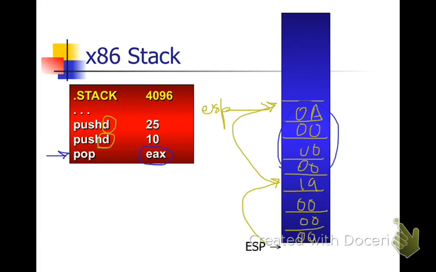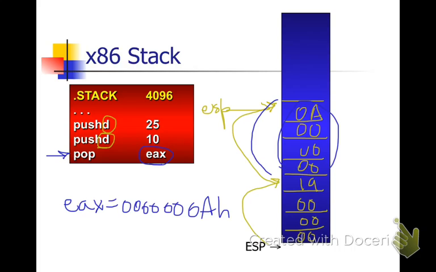So as a result, I'm going to copy into EAX the double word that the stack pointer was pointing at, which is going to be 0, 0, 0, 0, 0, 0, 0, A. And then I'm going to post increment my stack pointer. Okay? So, give you a little bit better idea of how that's going to work.